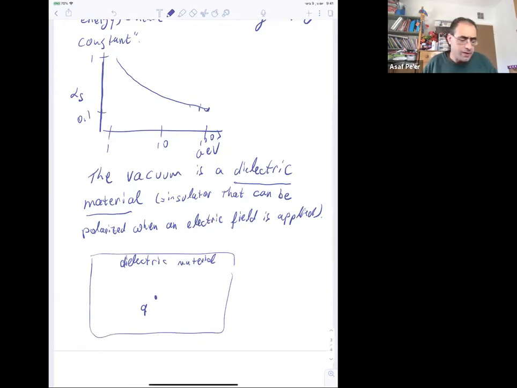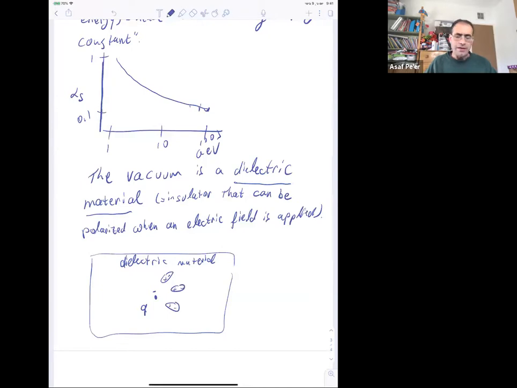The molecules of this material start orienting themselves such that the electric field is being screened. So I have a material made of molecules. Let's say this is a minus charge, then you have a plus, minus, plus, minus. You're familiar with this picture from classical E&M.